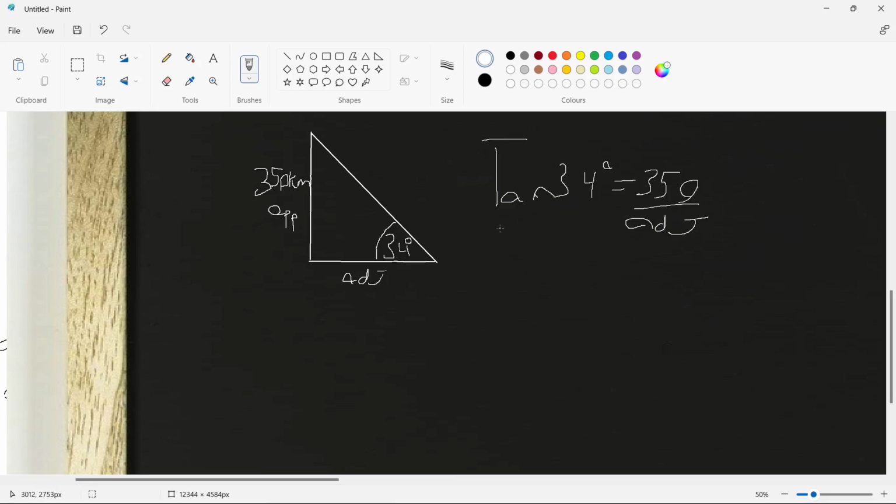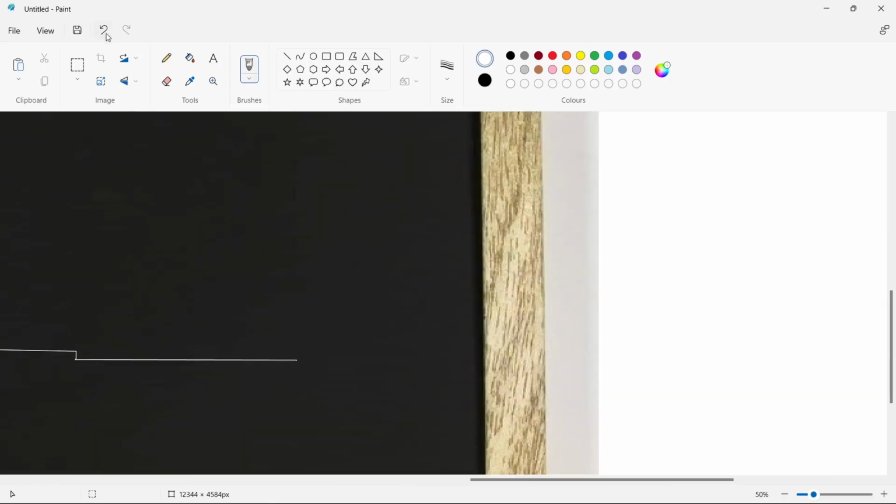Now after this is done, we're going to have to do tan 34 times edge equals 350. Once that is done, what we're going to do is move the tan 34 right here.